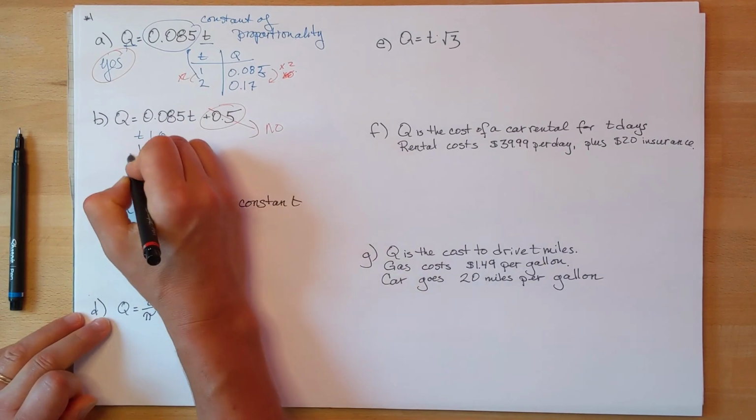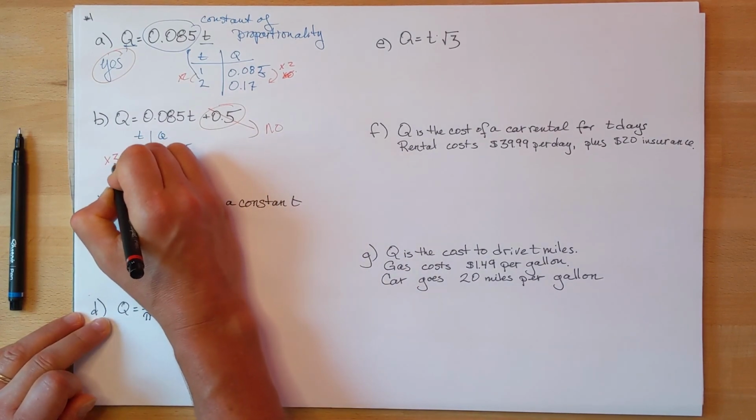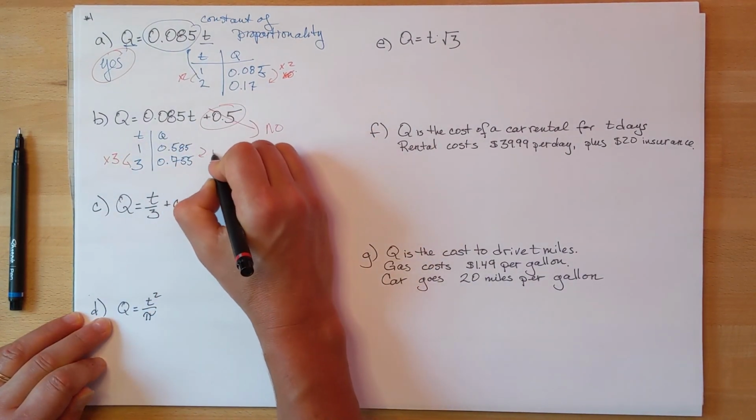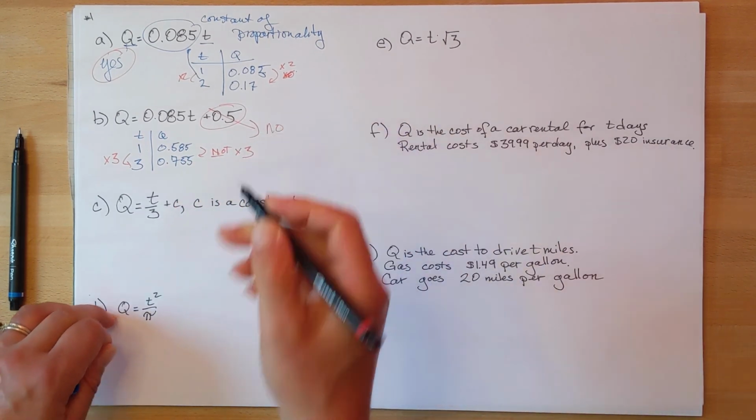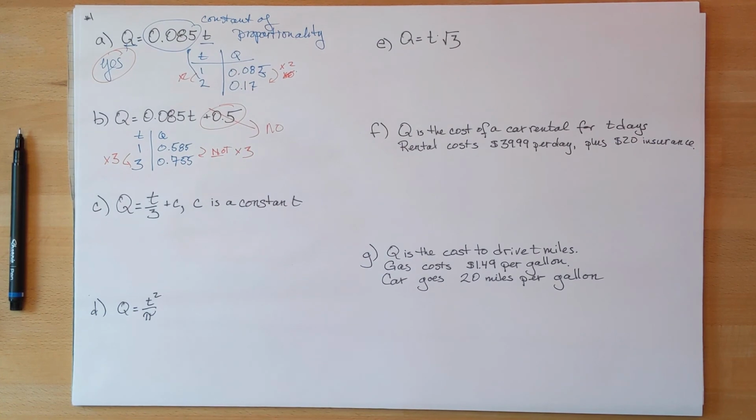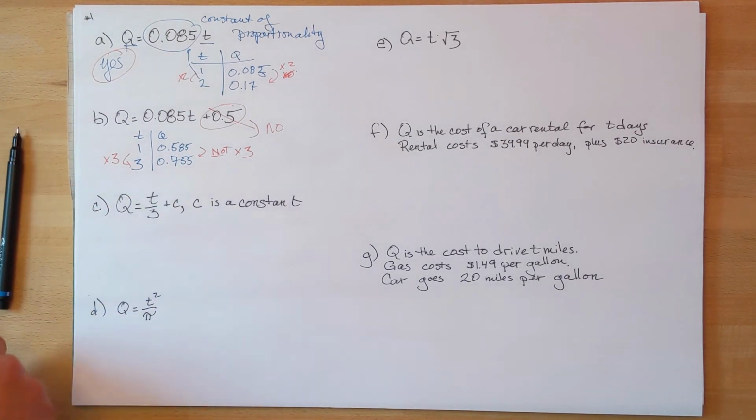So T tripled, Q did not triple. Why did I pick tripling for B and doubling for A? It doesn't matter. If it's proportional, if I multiply T by any number, 2 or 3 or 10 or 17, I have to multiply Q by exactly the same number. And if that doesn't happen, then they are not proportional relationships.